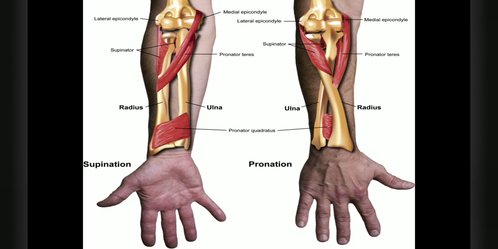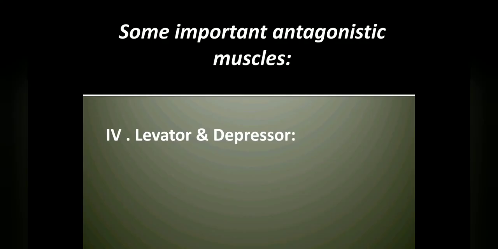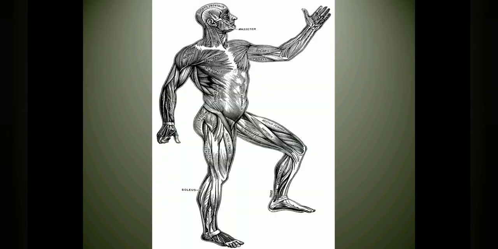Pronator downside, supinator upside. The next one is levator and depressor. Levator raises the body part, whereas depressor lowers the body part. Okay, levator raises, depressor lowers.